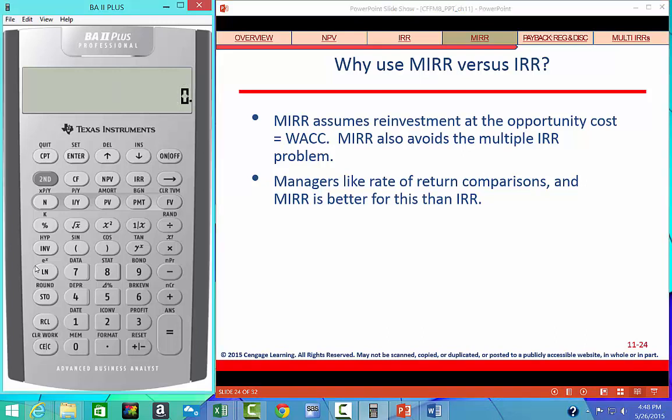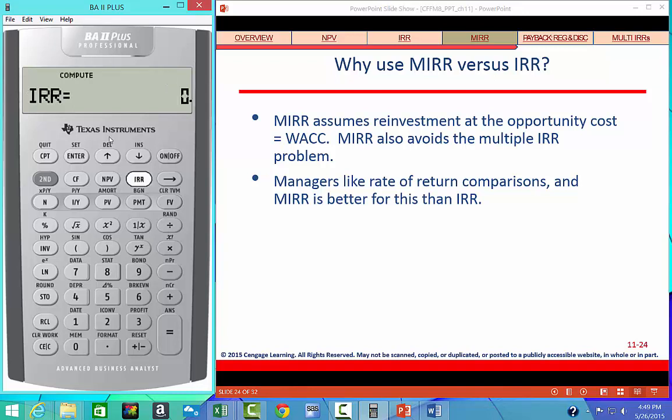If we were to calculate something in here, let me go to the cash flow register, second clear work. Let me put 100 negative as cash flow 0. Cash flow 1, I'll just put 50. And cash flow 2, I'm going to put 50 that's negative.